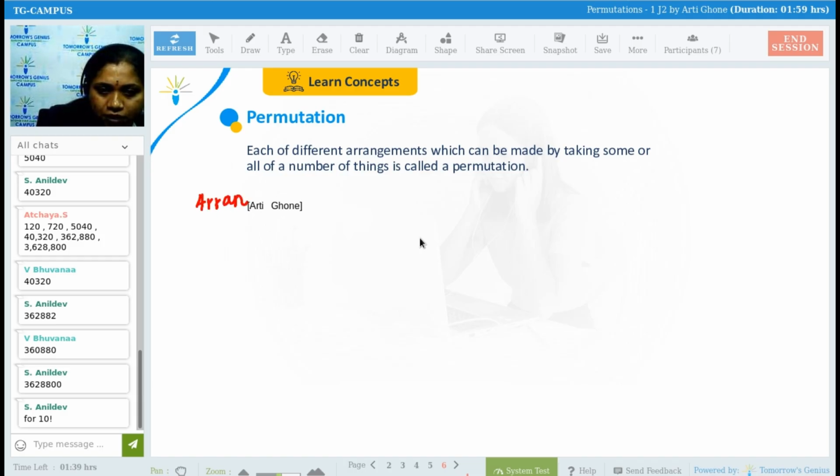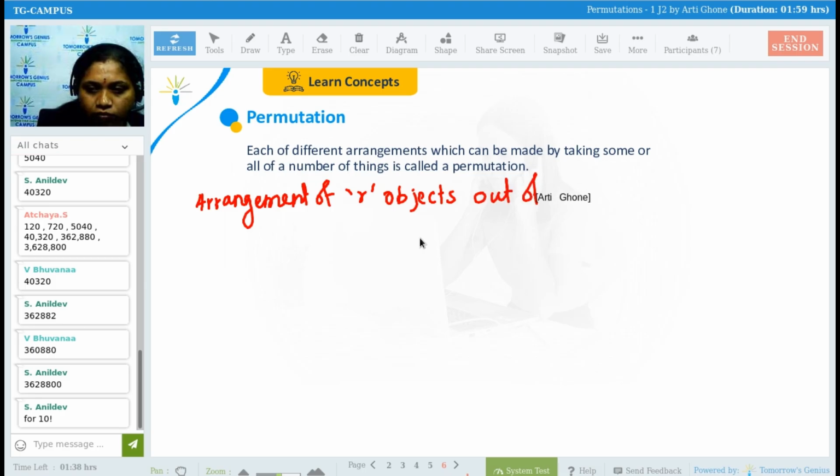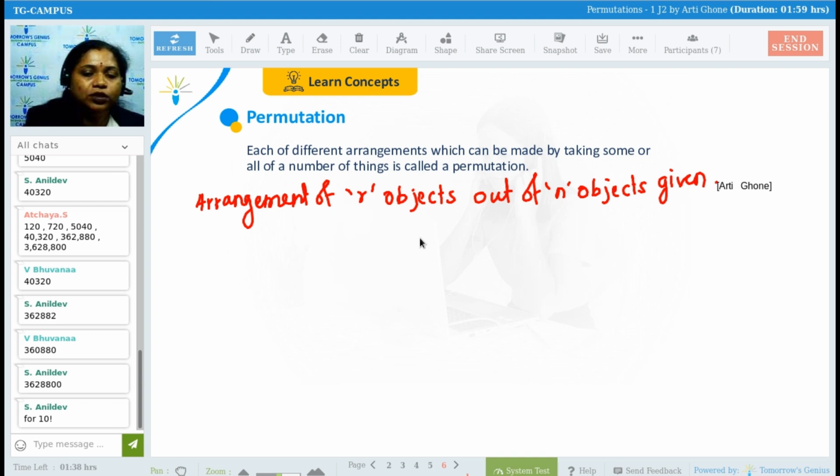Now we are looking at the first type of permutation. Write down: arrangement of r objects out of n objects given.